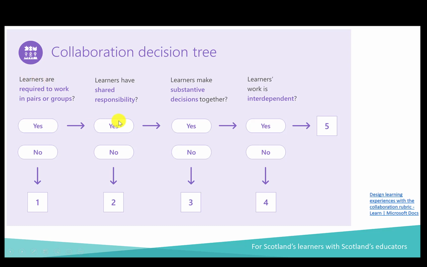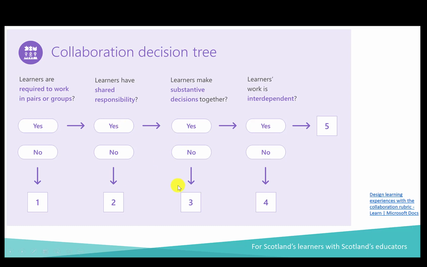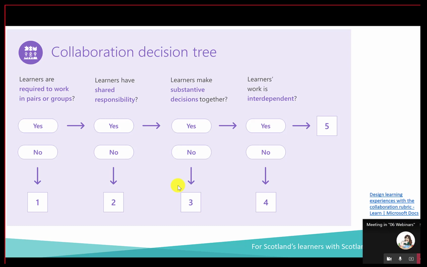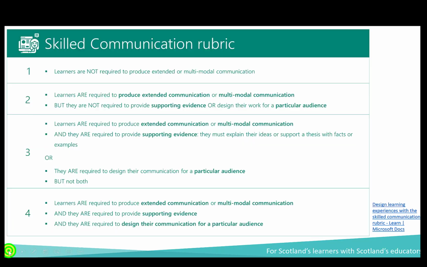I would say that because there's very specific terminology, the collaboration one is a longer read, but it's got a lot for us to consider, especially when we're thinking about the classroom environment. What does our environment look like? How does that lend itself to good collaboration? What tools do we have available that are flexible? So yeah, I would definitely say have a wee look at the collaboration and the communications one as well.